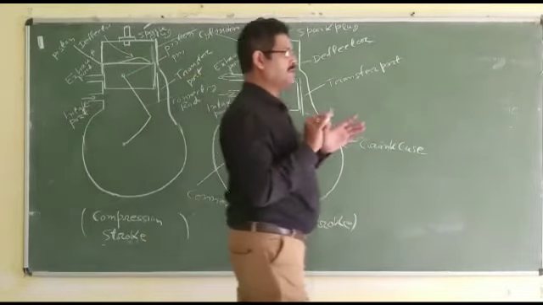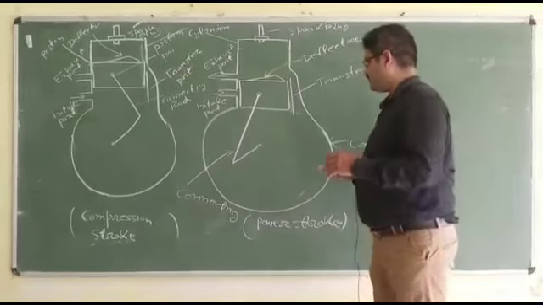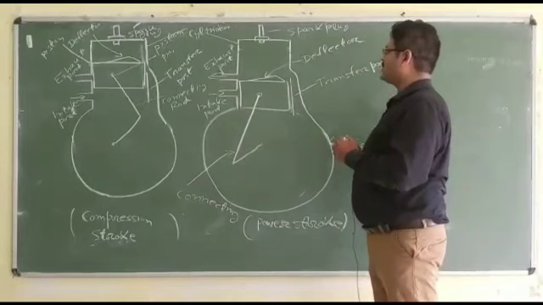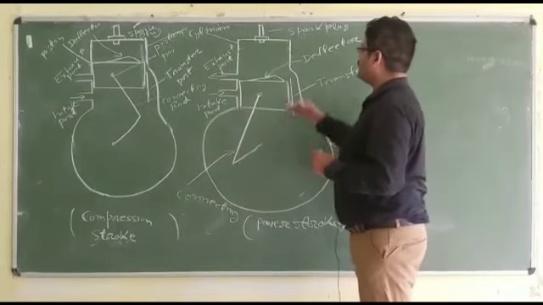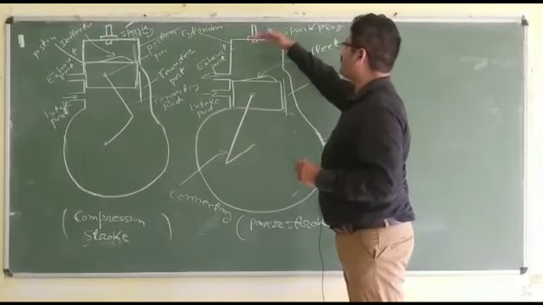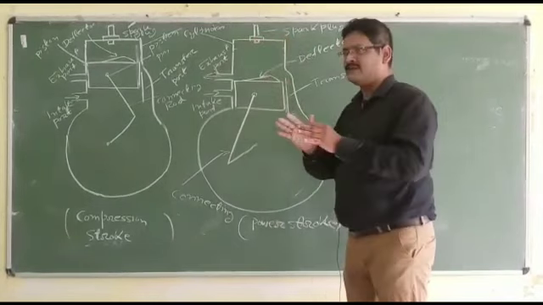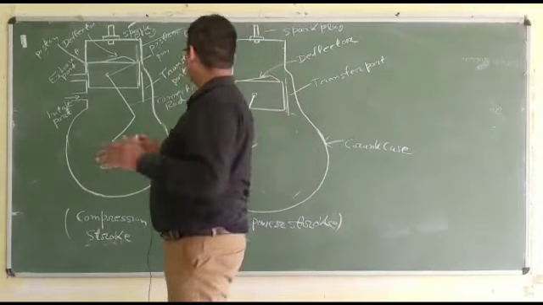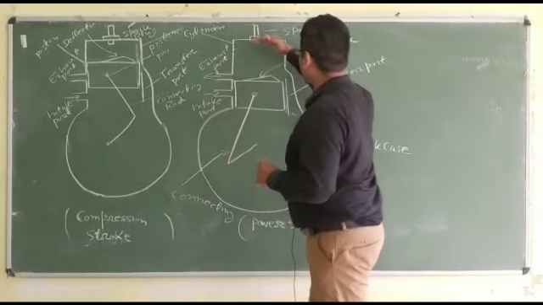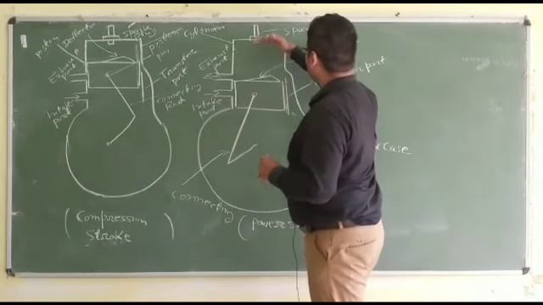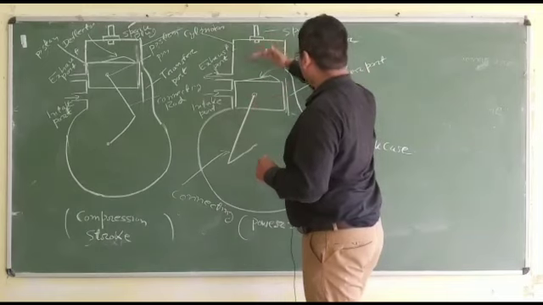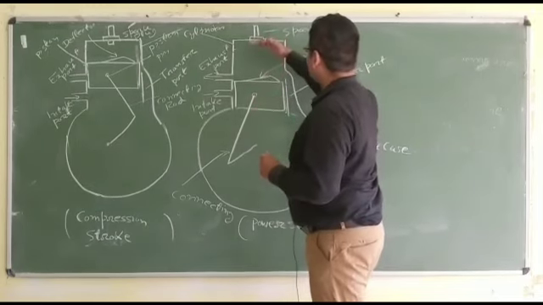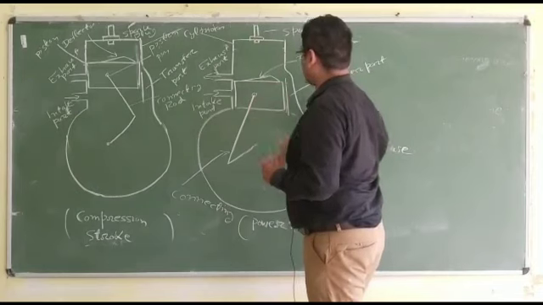Next one is the power stroke, or what we call the expansion stroke. Here, due to ignition of the air fuel mixture, there is expansion and a huge amount of thermal energy is developed. As it expands, it forces the piston to move in the downward direction.